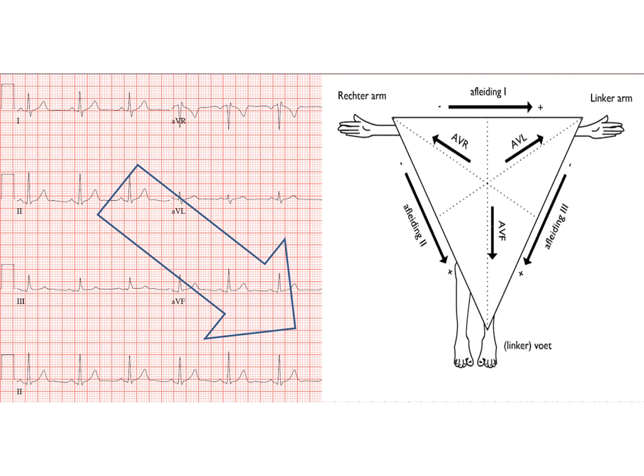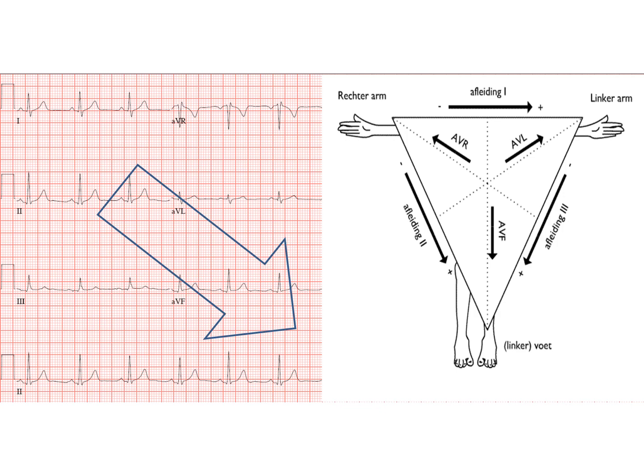So this is the overall pattern of axis interpretation we're going to use. We're going to look at lead 1 to tell us where the electricity is going in the horizontal plane. Then we're going to compare lead 2 to AVL to tell us where it is going in the vertical plane. Again, lead 2 will be dominant if electricity is going down, and lead AVL will be dominant if electricity is going up.